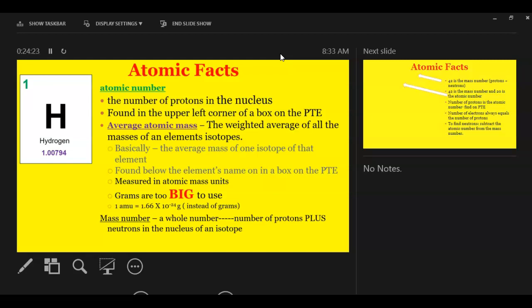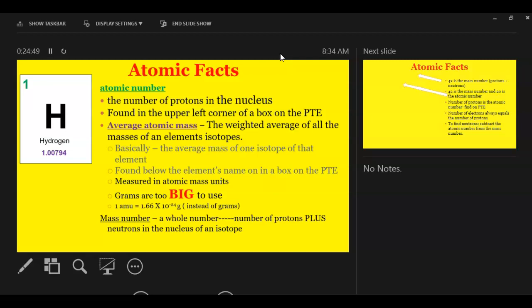So when it comes to our atomic weight, the weighted average of all of the masses of the naturally occurring isotopes of an element. So this number is an average of each of the isotopes' weights. That's how we get that word average. It's a weighted average, so that means it puts more emphasis on the isotope that's super popular.